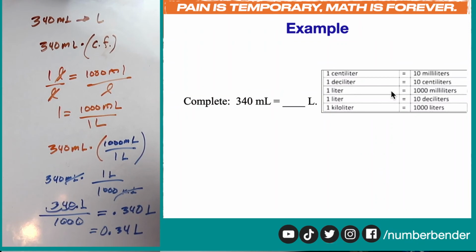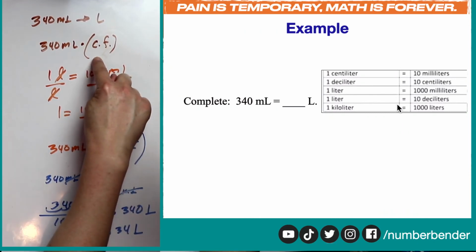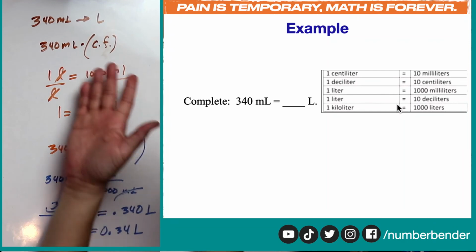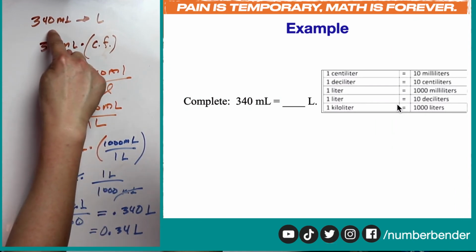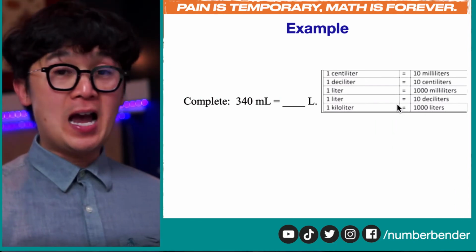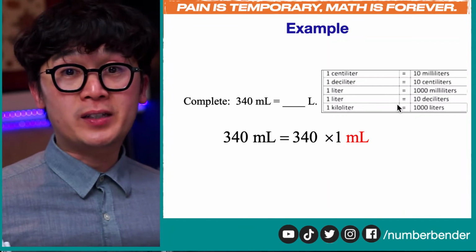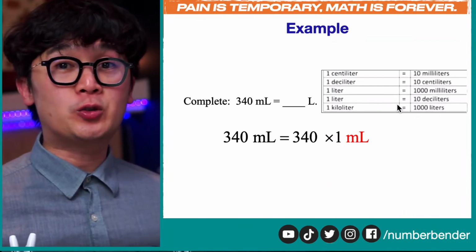And this is how we're able to use our cheat sheet, which is this unit of measurement right here, and found our CF using a little bit of algebra to produce 0.34 liters from 340 ml. And this is how we convert our metric system from milliliters to liters.